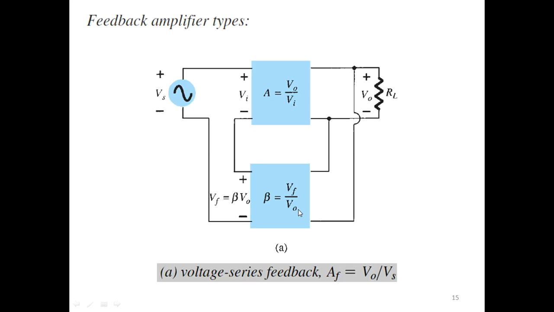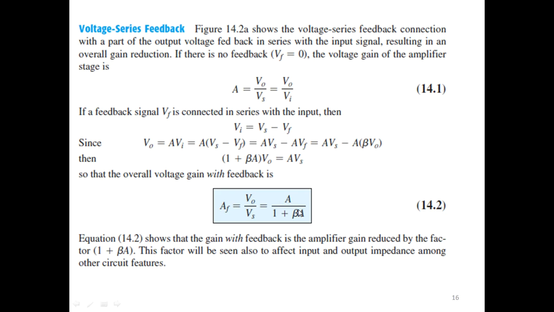So today we shall look at the derivations, especially for voltage series and voltage parallel feedbacks, because they are the most popular and most practical feedback circuits being used. Let us focus on the first one, which is voltage series feedback.